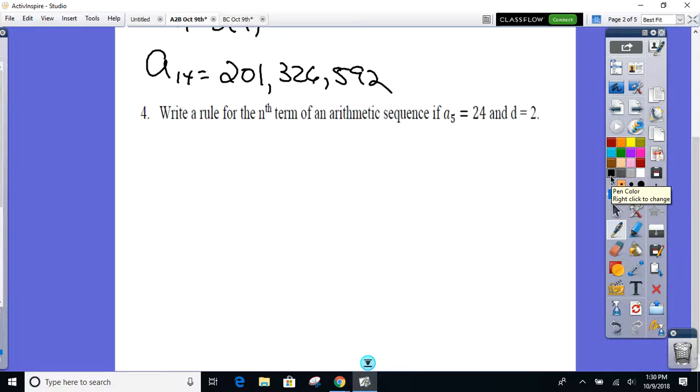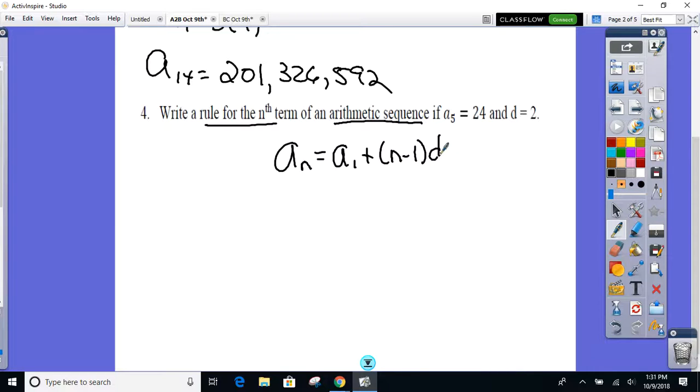All right, write a rule for the nth term. Explicit formula for an arithmetic sequence. Go to your formula sheet. What are you going to plug in for n? Nice, n. What problem do we run into here, kiddos?